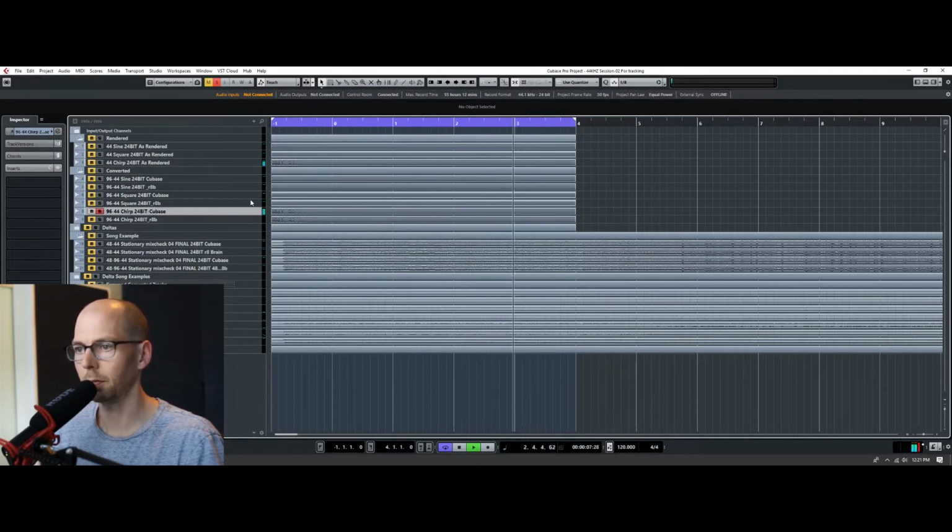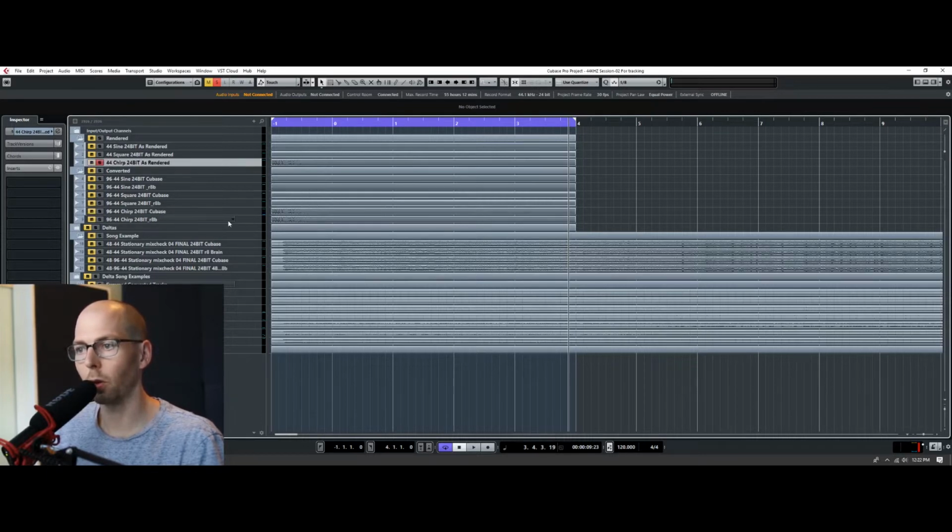Cubase. One more time, back to original. And Cubase. Hard to hear anything. Can't really tell.